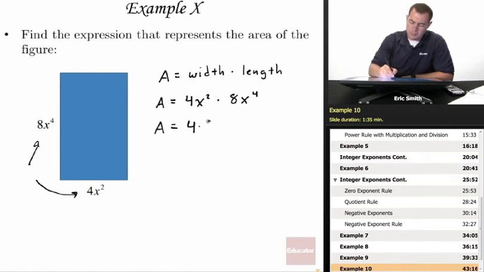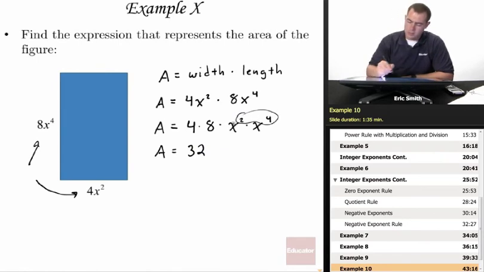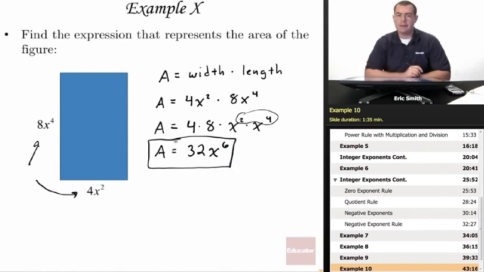So I'm going to put my numbers, 4 and the 8, together, and my variables with exponents together. So 4 times 8, 32. And then I have x squared and x to the 4th. So I can do these by adding them together since they have the same base, giving me x to the 6th. So this expression would really equal the area of the rectangle.